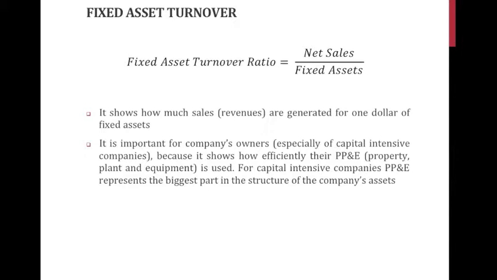Of course, if fixed assets are increasing and net sales are stable, we will have a declining value of that indicator, and as in previous sessions, we can ask a very similar question: are these investments in fixed assets really necessary? Does a company really need to invest so much?